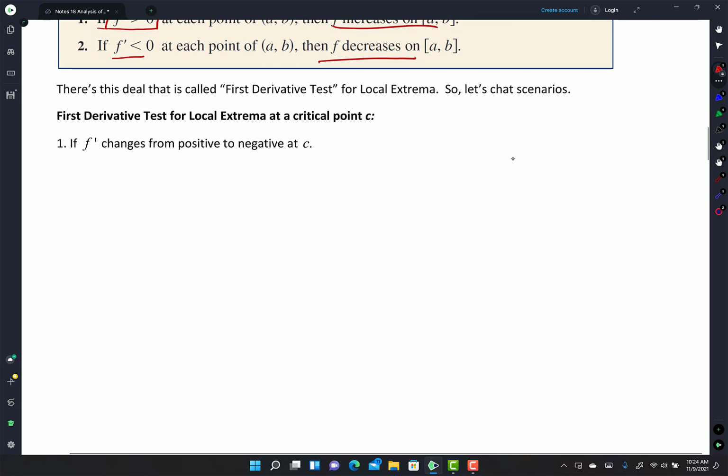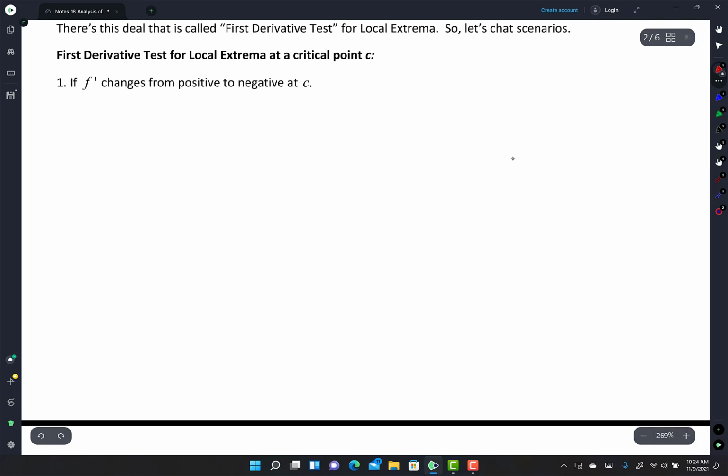We're going to draw sketches, and they don't have to be perfect. You guys ready? It says, if f prime changes from positive to negative at c. So let me sketch a little. I'm going to say this is c, and what's my f prime doing? Changing from positive to negative. Okay, so here we go. Positive to negative.